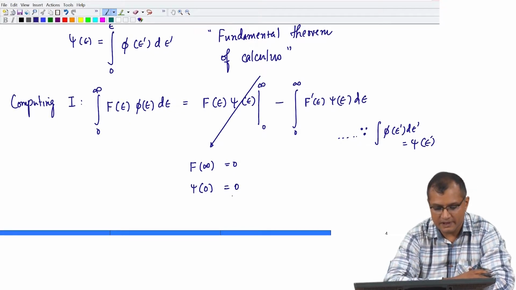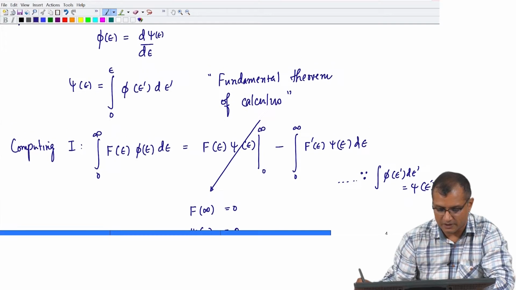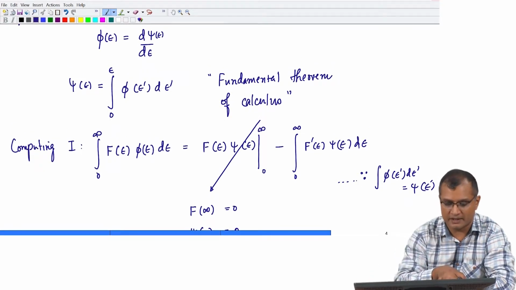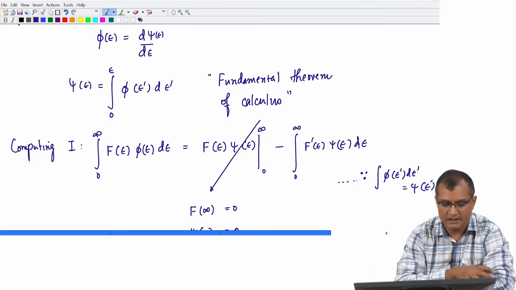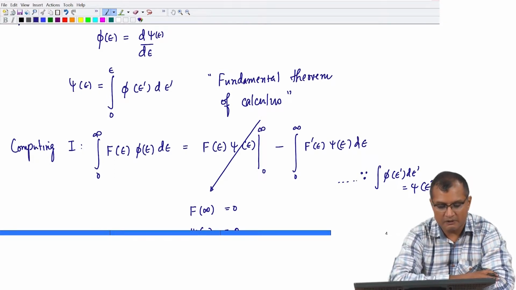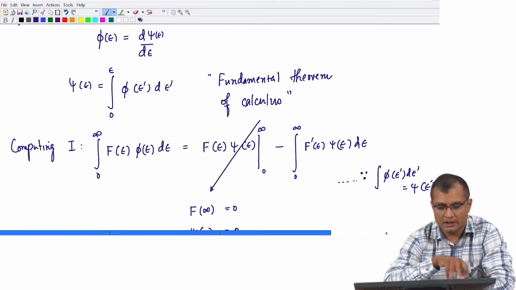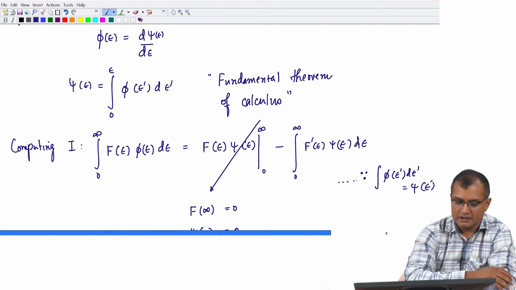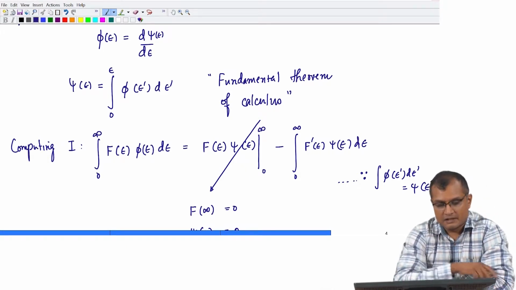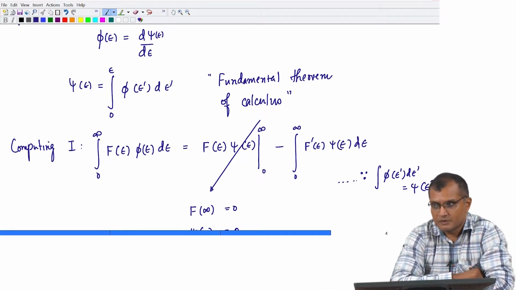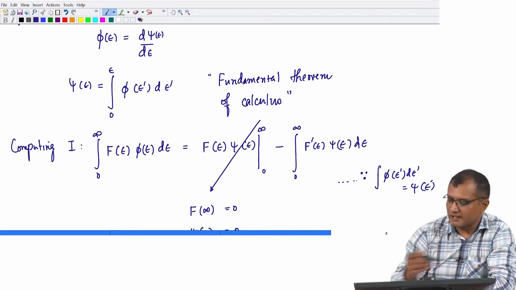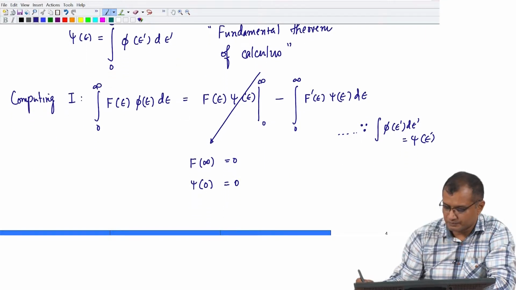Okay. And that is very easy to see from the fundamental theorem of calculus that I have written here. The way I have defined psi, its value at epsilon equal to 0 is nothing but the integral of phi, where the definite integral has the same upper and lower limit. So, psi at epsilon equal to 0 is 0.